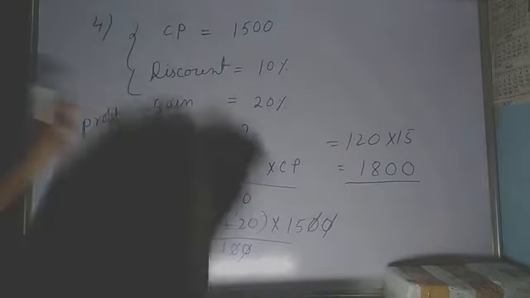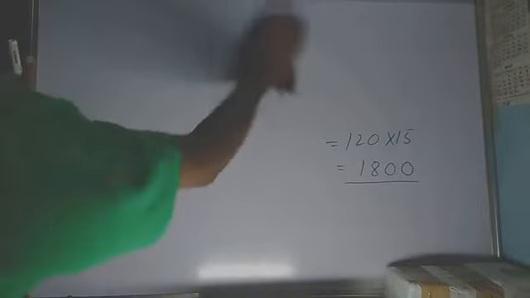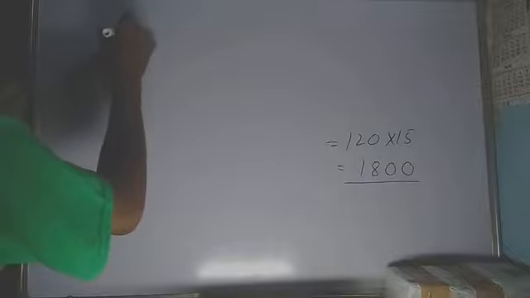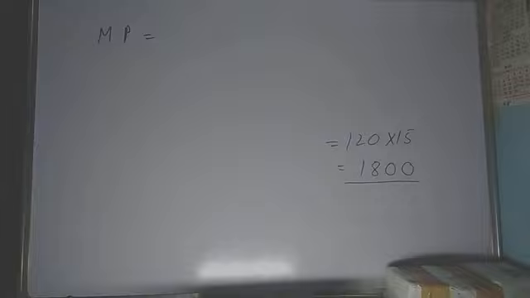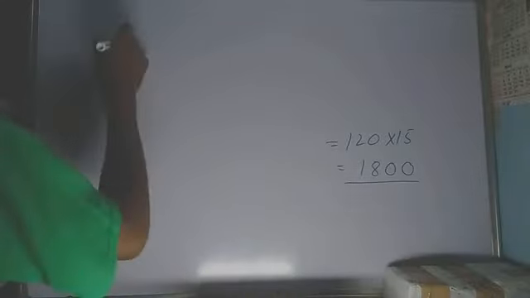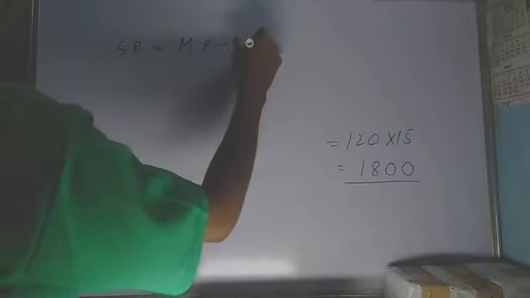Now we can calculate market price with a discount of 10%. Now use the market price formula. We know that the selling price formula is market price minus discount.